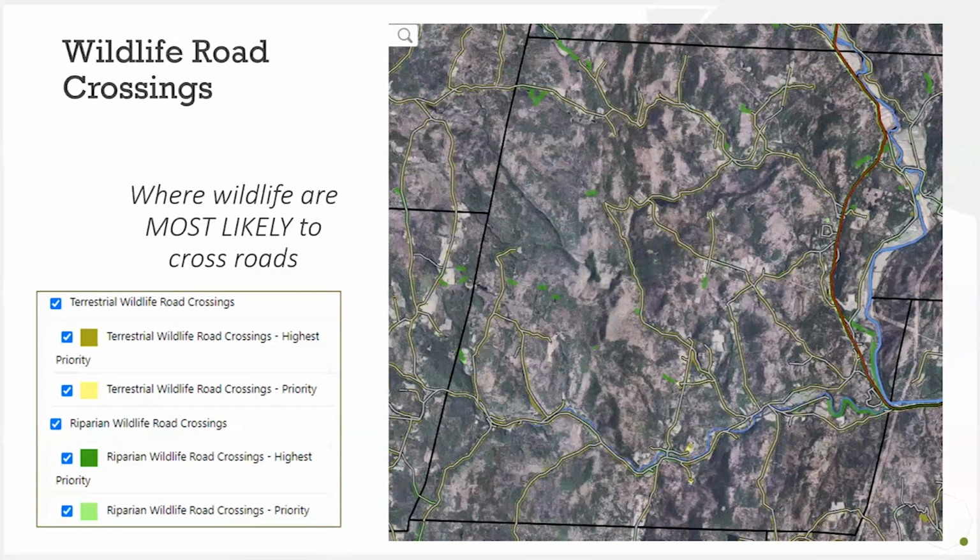It hasn't been ground truthed or field checked. So we don't recommend using it right out of the box in your town plan. But it's a good starting place. You might look at what areas are mapped in your town and say, hey, we need to investigate these modeled habitat connectors over the next 8 years and get a handle on which ones are actually being used by wildlife.